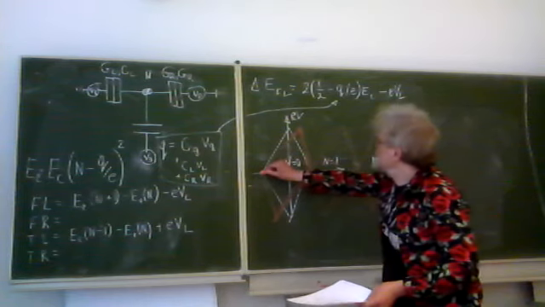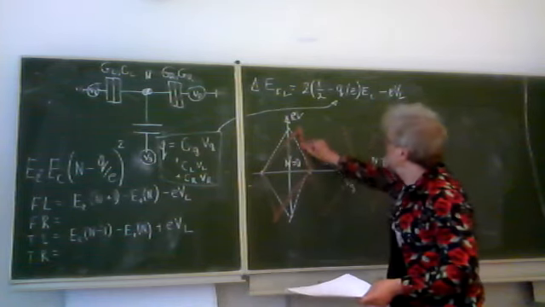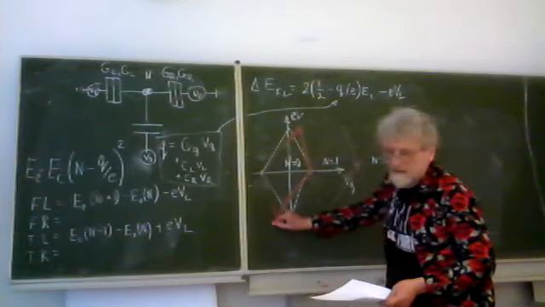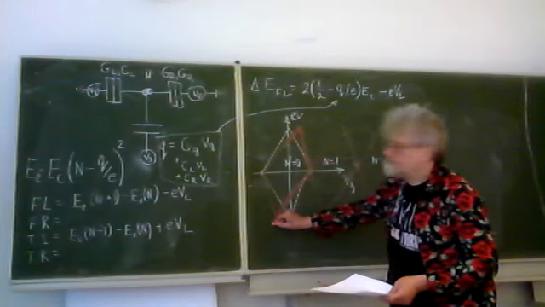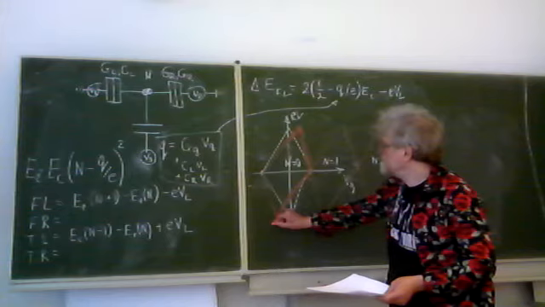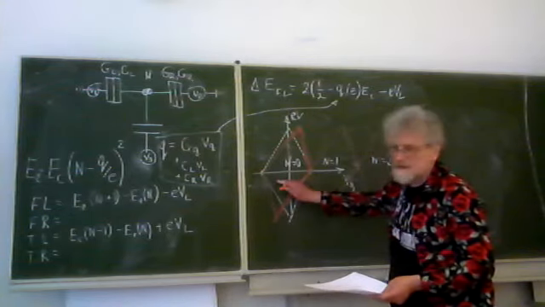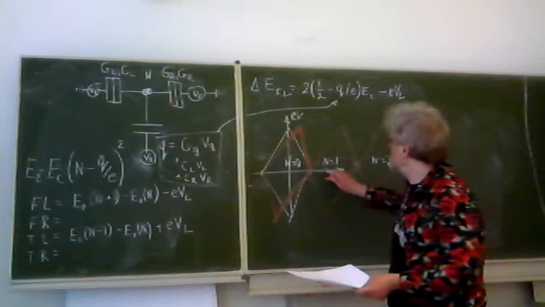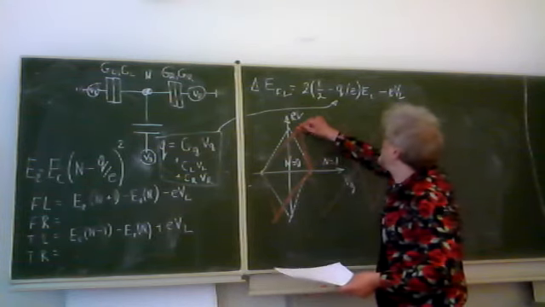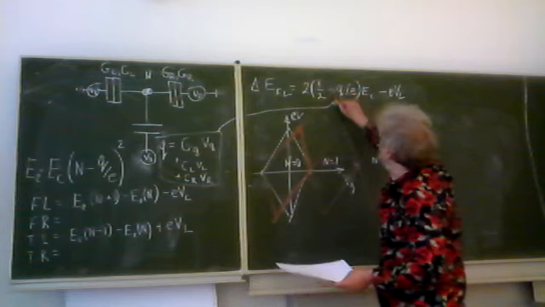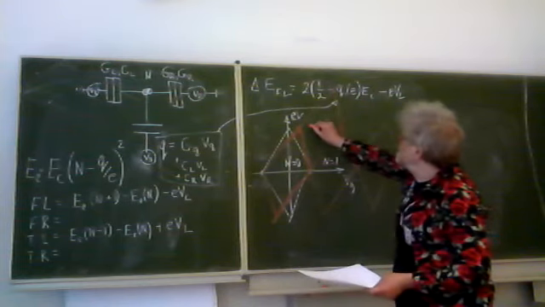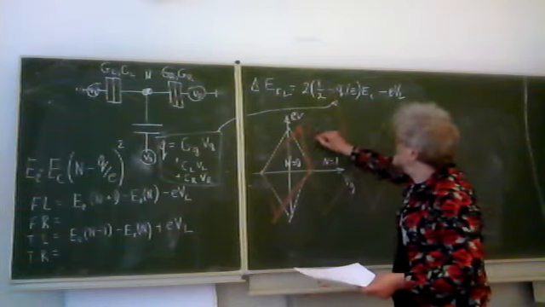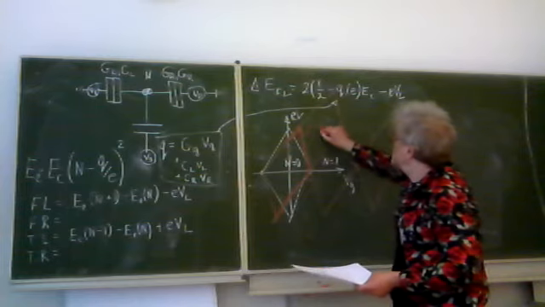So let us continue the new lines which define the diamond with n equals 0 and n equals 1. So here possible charged states are either 0 or 1.